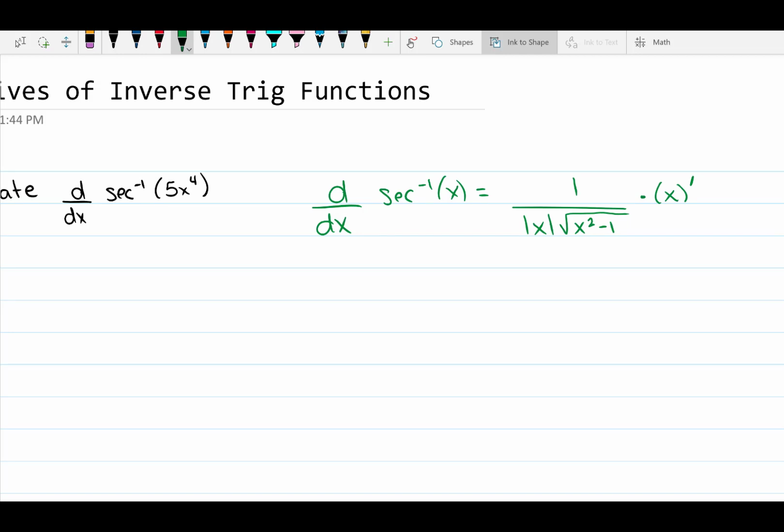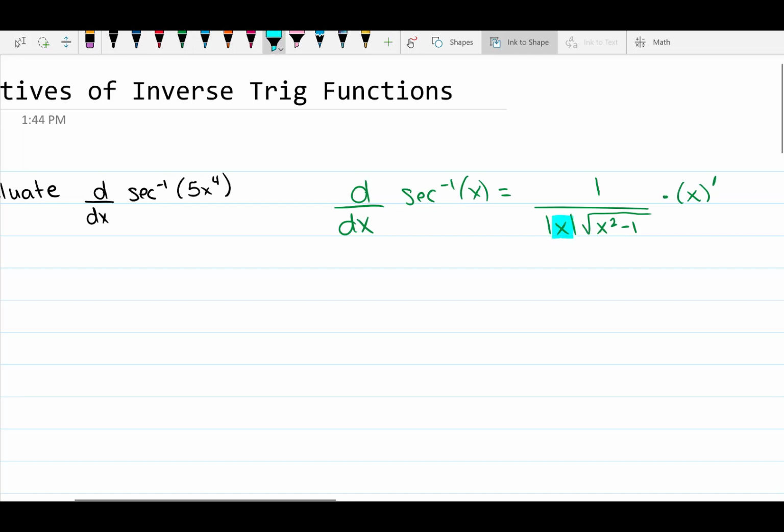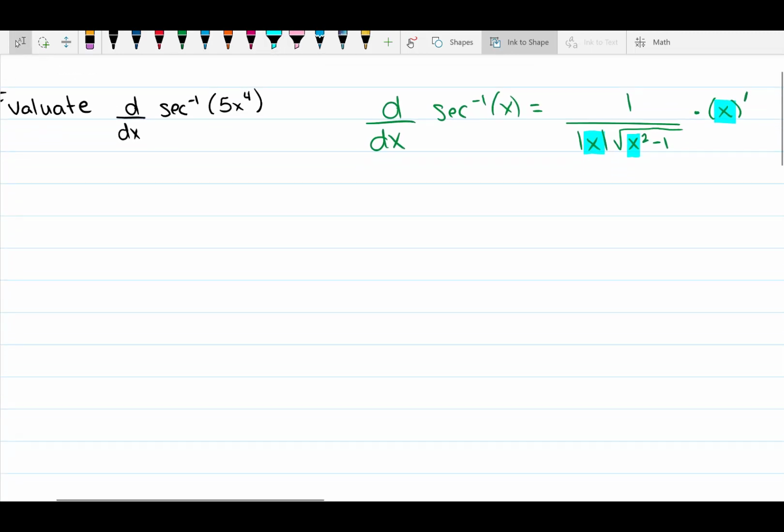Now normally we don't write the derivative of x because the derivative of x is simply just 1. But I want to keep in mind that whatever goes here and here, you must also take the derivative of.